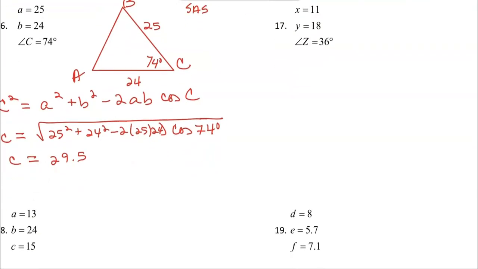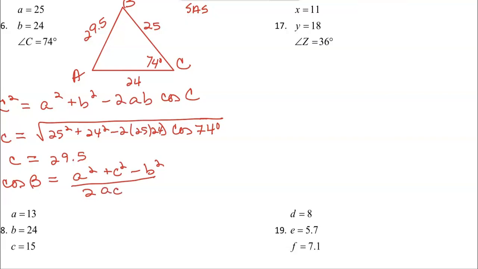So you have an angle, you have a value of 29.5, and now you need to get one more angle, and then once you have that angle, you can use subtraction to get the third angle. This is the first time I use the law of cosines. Now I'm going to find angle B, so I change my formula to this: the cosine of B equals a squared plus c squared minus b squared over 2ac.